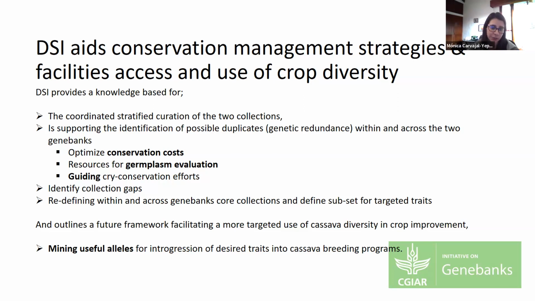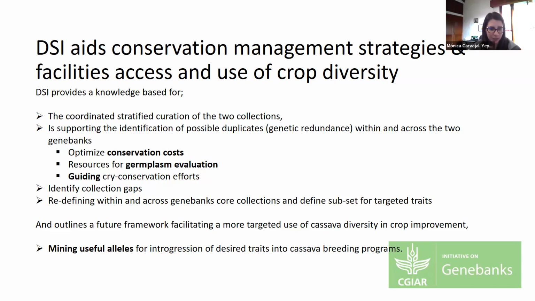It is also important to identify possible redundant accessions, because if there is any germplasm evaluation or characterization, we can optimize the resources invested for that. It is also helping us to guide the efforts that we want to invest in cryopreservation of the cassava collection, as mentioned by the other colleagues. We can also use this information to identify gaps in the collection. And we are in the process of redefining new core collections within and across the two gene banks.